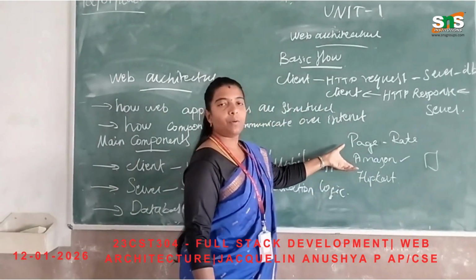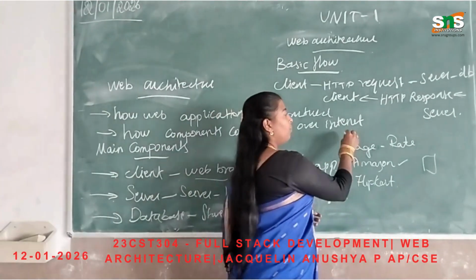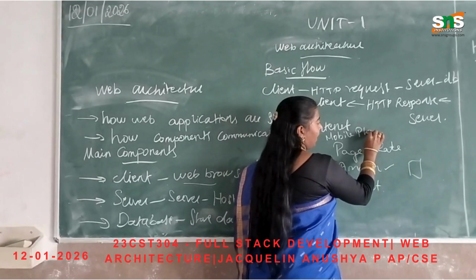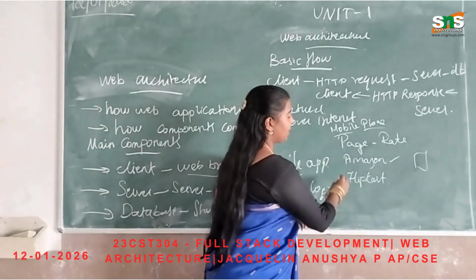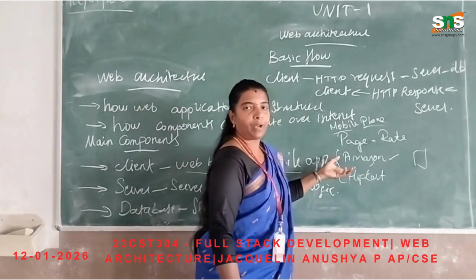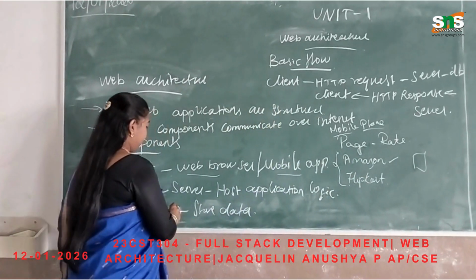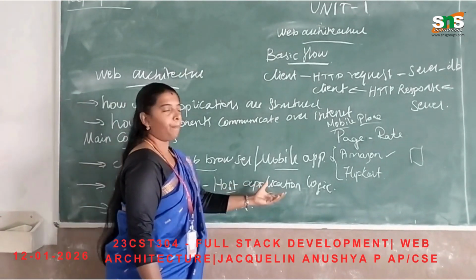So how is this process done? From the web browser, I am giving the mobile phone search, and then it searches and gives me the results of Amazon and Flipkart. How am I getting the Amazon and Flipkart results? I am getting them from the server side, that is the host application.